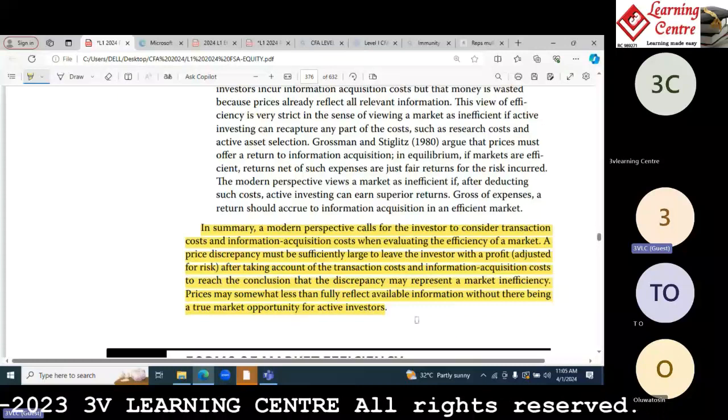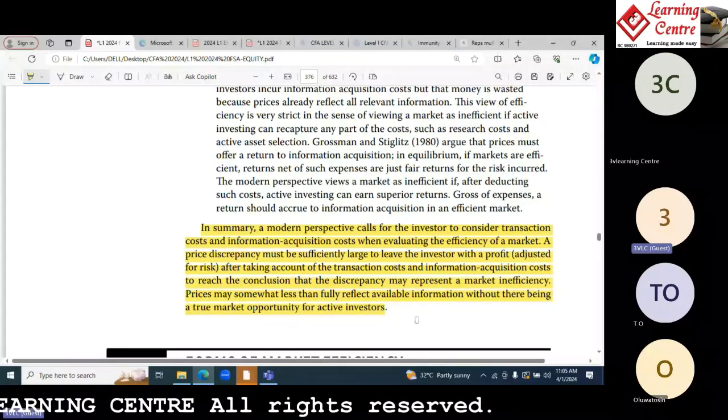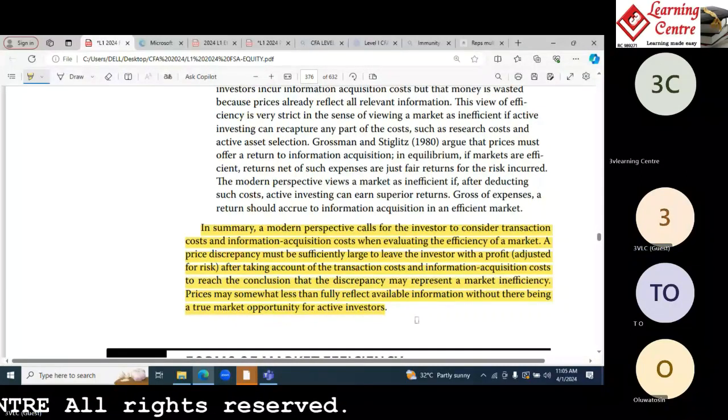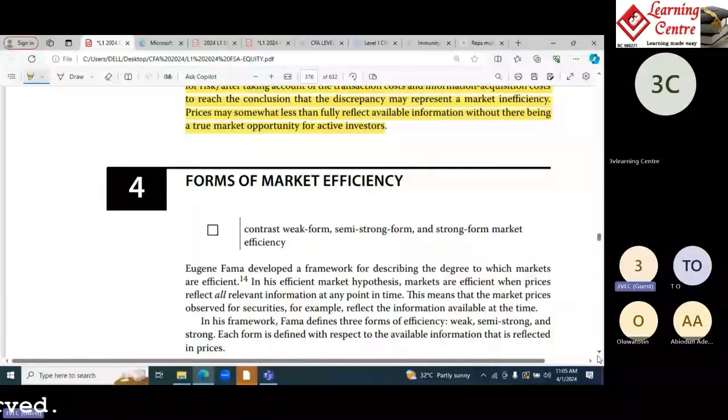Like I said before, they let it go. So that discrepancy is because of this cost. So it's like cost and benefit analysis. What is the cost to me and what is the benefit to me?